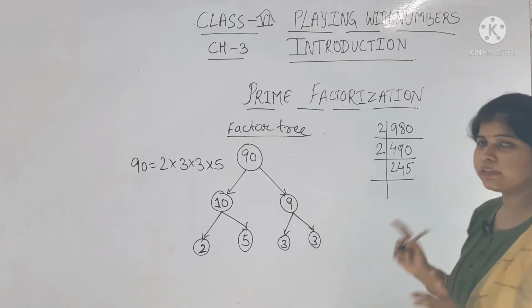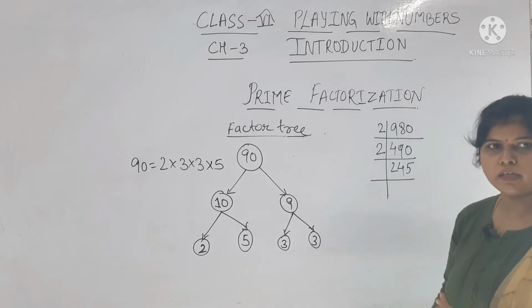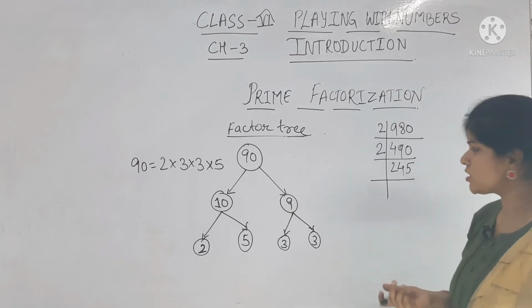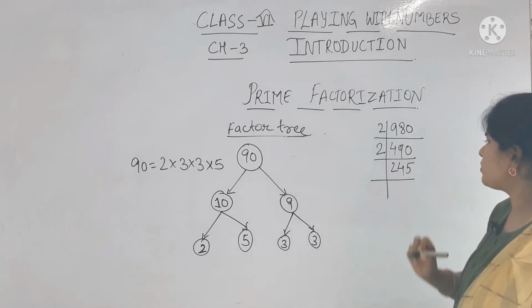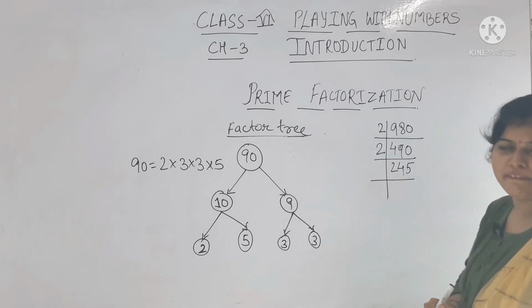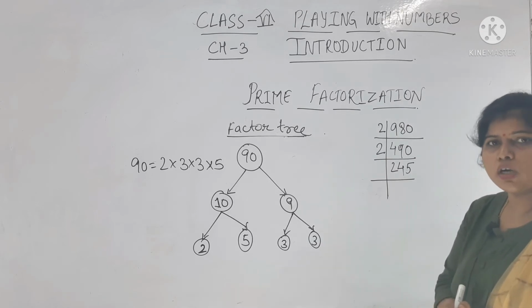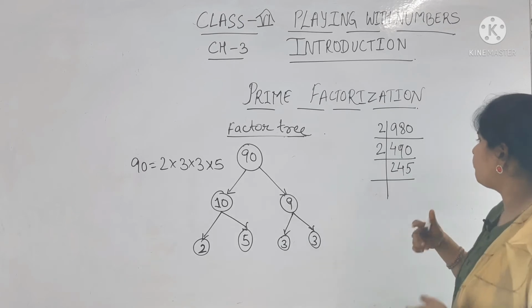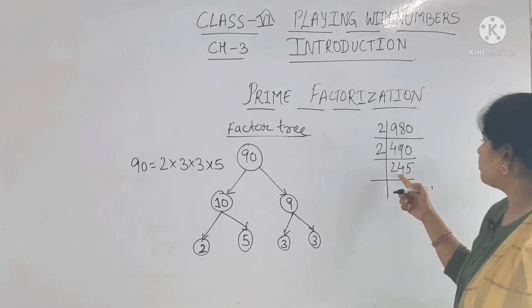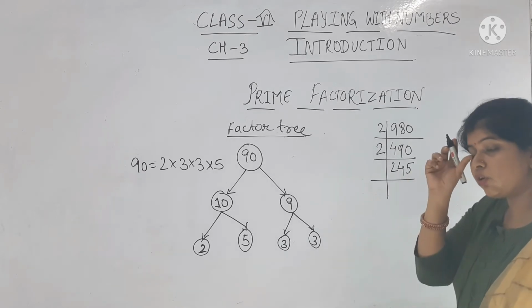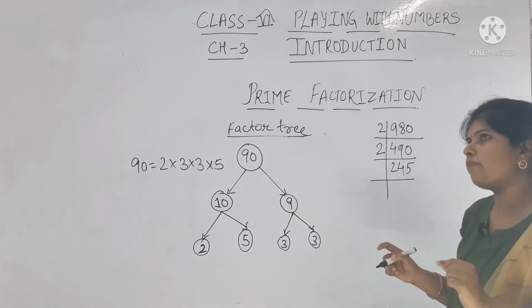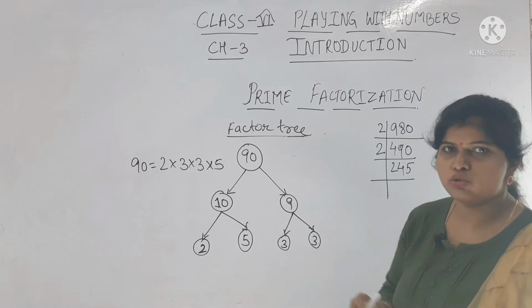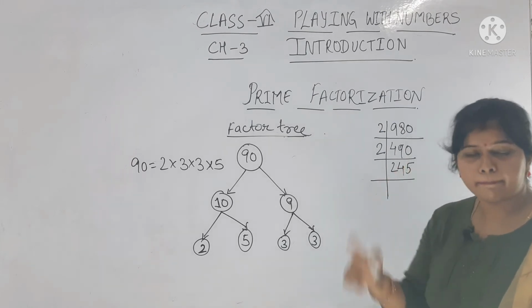For checking divisibility by 3 we sum the digits: 4 plus 2 is 6, 6 plus 5 is 11. So 11 is not divisible by 3. 4 is not a prime number; we have to select prime numbers 2, 3, 5, 7, 11, 13, 19. So you should remember the prime numbers.